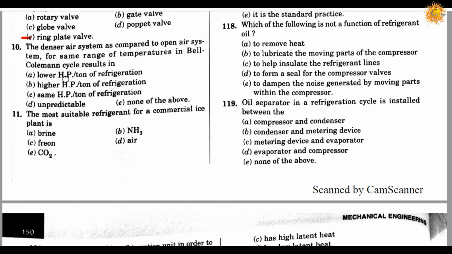HP means horsepower per ton of refrigeration. Option B, higher horsepower per ton of refrigeration. Option C, same horsepower per ton of refrigeration. Option D, unpredictable. Option E, none of the above. So the correct answer is A, lower horsepower per ton of refrigeration.